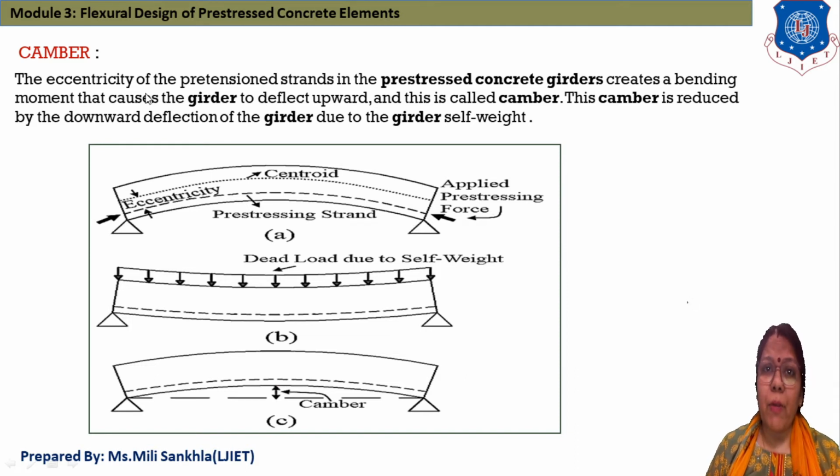Because of this bending moment, the girder deflects in the upward direction, and this is called camber. Camber is nothing but the vertical distance of deflection. This camber is reduced by downward deflection of the girder due to the self weight. This is the technical definition of camber.